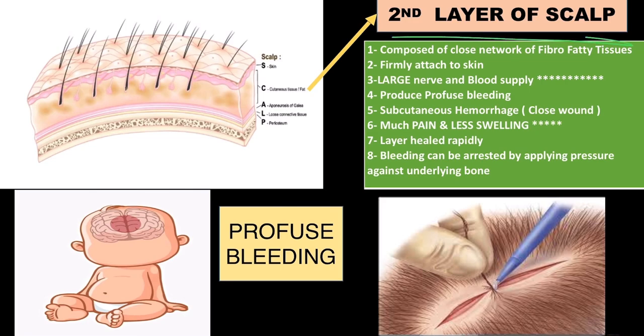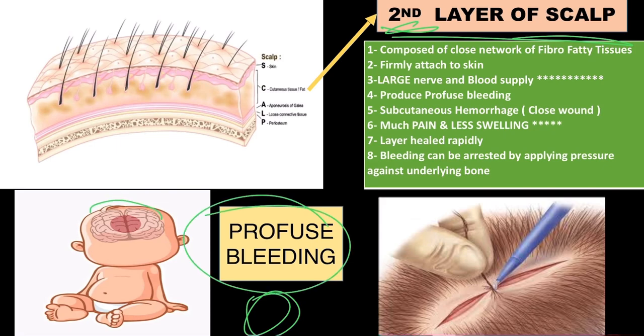The second layer is important because it contains an abundance of blood and vessels. So our second layer consists of the blood vessels as well as the nerve supply of the scalp, and the walls are very adherent to the fibrous network. So whenever there is a tear in our vessels, an open wound forms, and it is normally unable to retract, and it produces profuse bleeding.